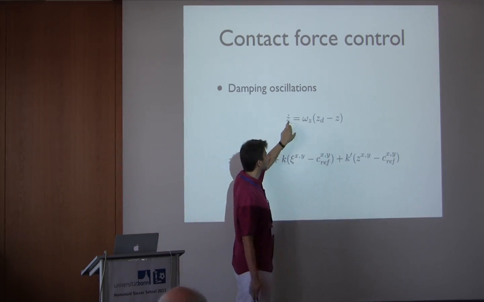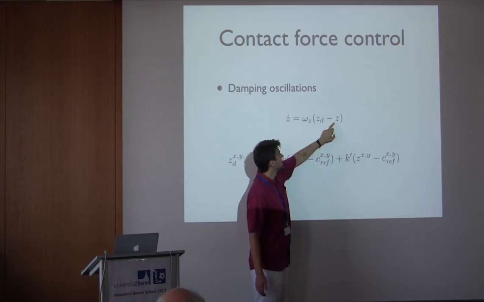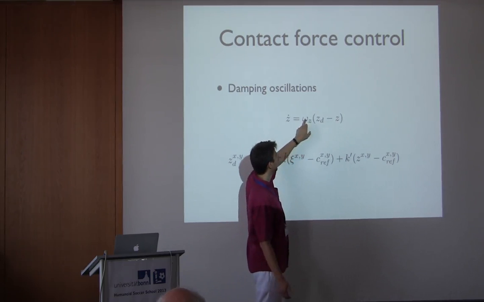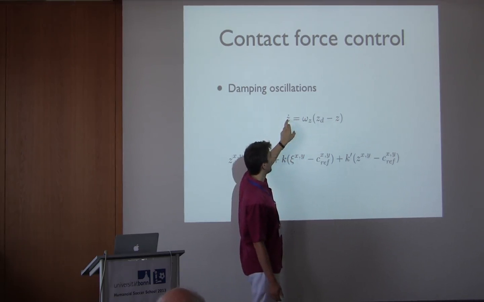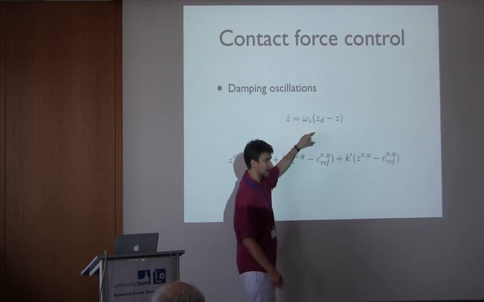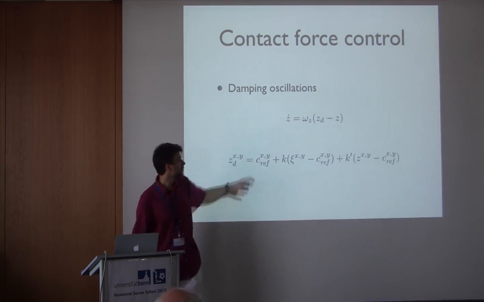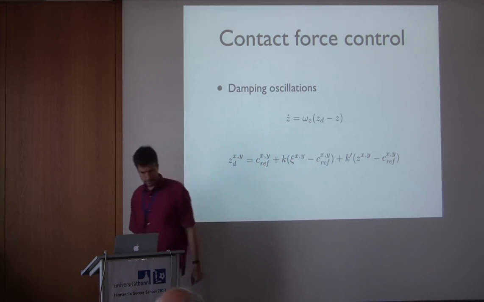So just consider that the real position of the center of pressure is not exactly the desired one, and because of your controller, you have some delay. So your center of pressure is going to converge to your desired center of pressure, but with some delay. So you do some dynamics like that.